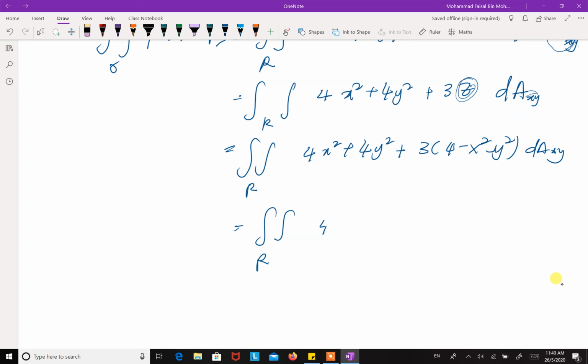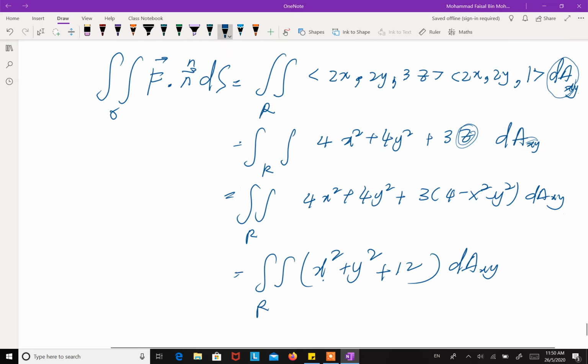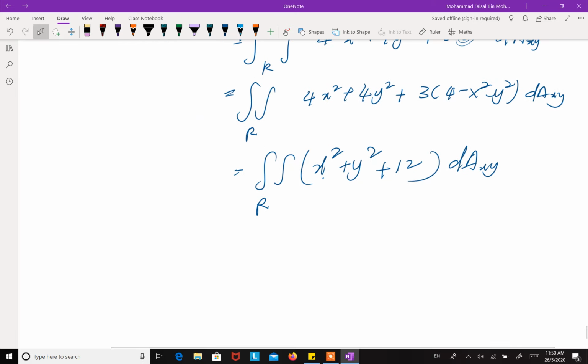If you simplify this, you will get x squared plus y squared plus 12, dA region xy. Because the region is a circle, we can convert this into polar coordinates.